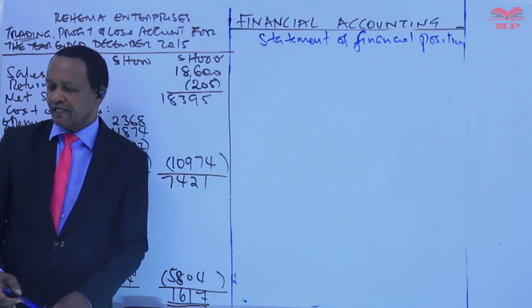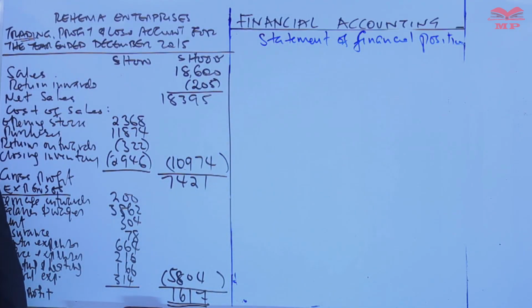A balance sheet is based on the accounting equation A equals L plus C, where A is the assets, L is liabilities, and C is capital.